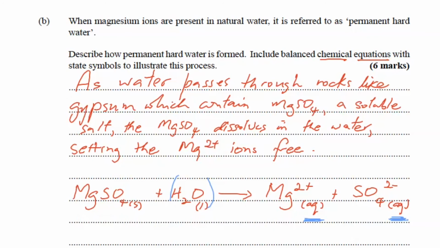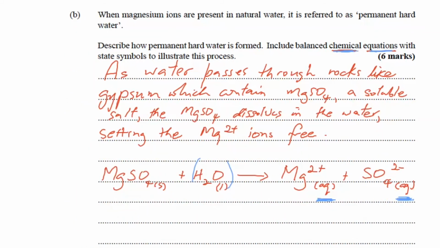I don't particularly like the question because it can lead to confusion, not because there is a lot of space, but for 6 marks, they have said include balanced chemical equations. The question could have been worded include a balanced chemical equation, because to show magnesium sulfate dissolving in water to give Mg2+ and sulfate 2- ions, that's just one equation.